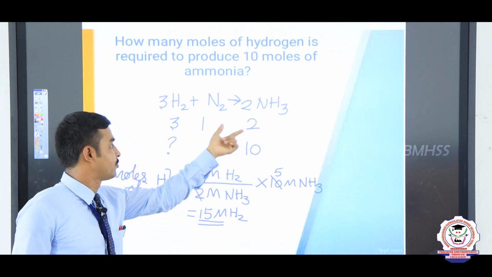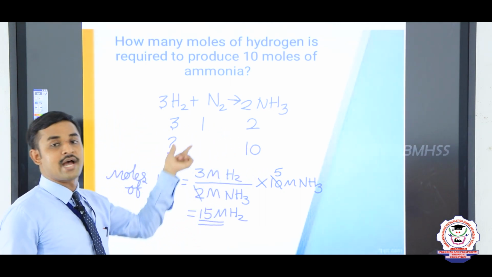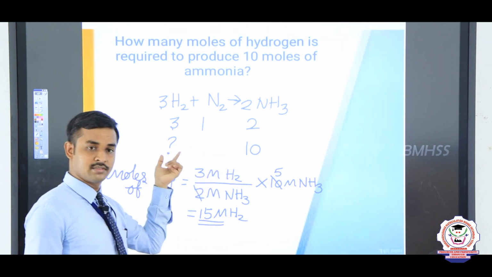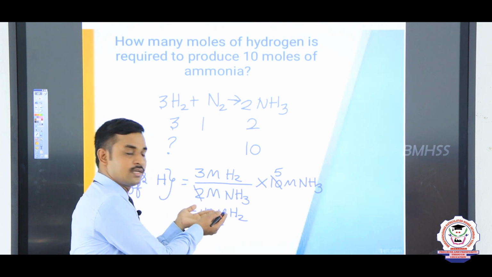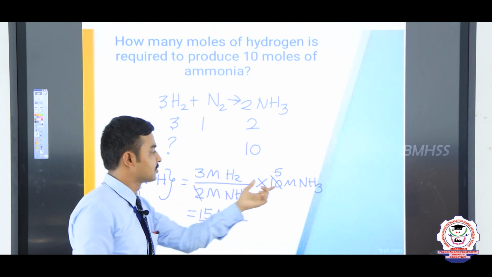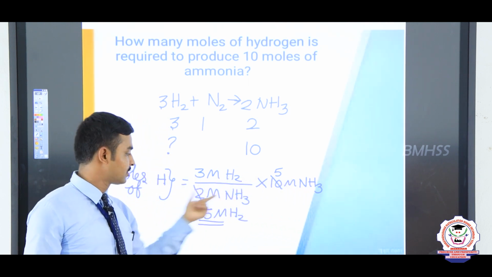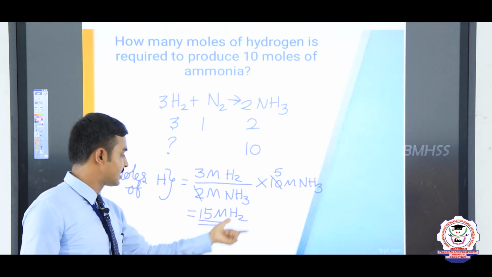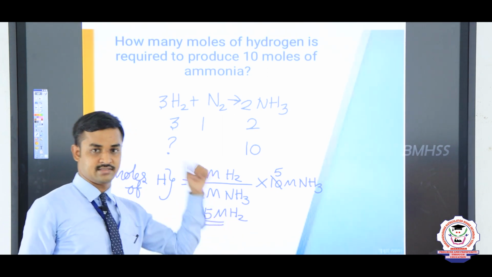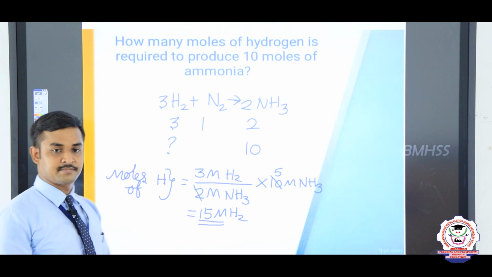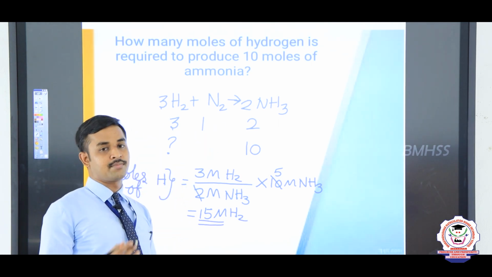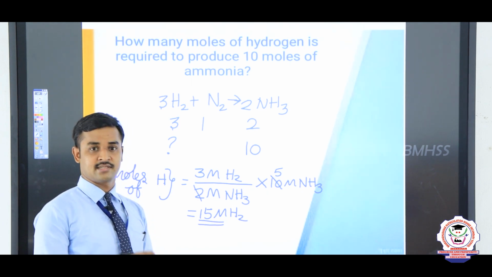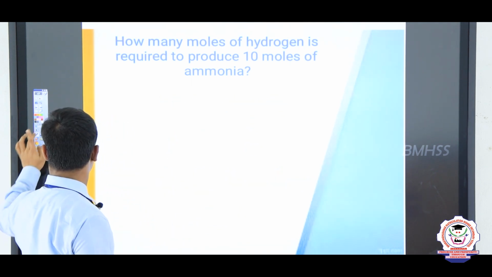For 10 moles of ammonia, how many moles of hydrogen are required? Let us see the calculation. 2 moles of ammonia require 3 moles of hydrogen. So 10 moles of ammonia require how many moles of hydrogen? The answer is 15 moles of hydrogen. So this is the answer. In this question, we found the number of moles. Like this, we can find the other concepts.